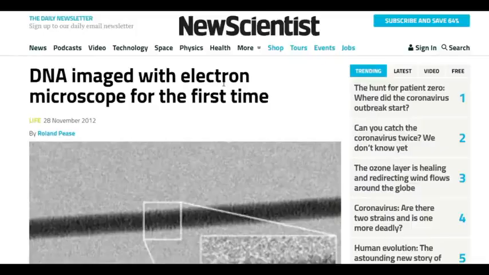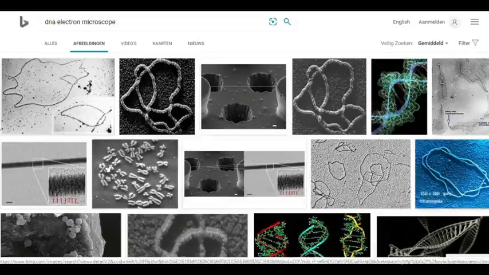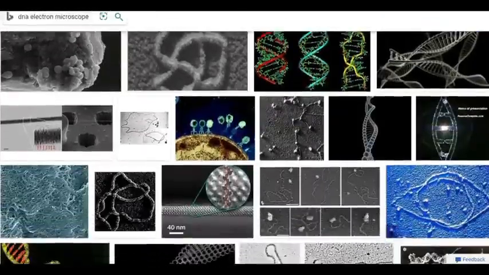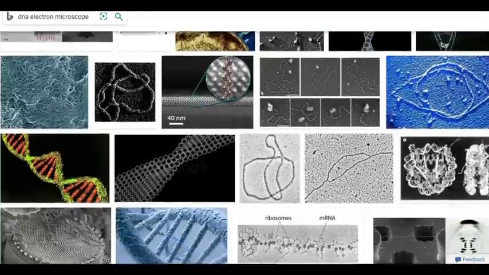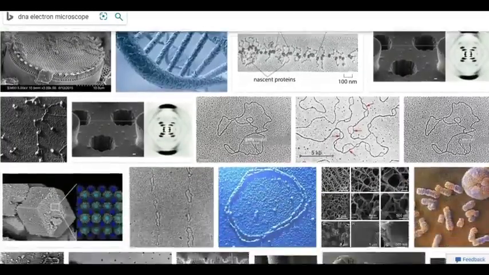Pseudoscience. DNA under an electron microscope. Destroyed material. So this is also DNA. Looks like shit to me.